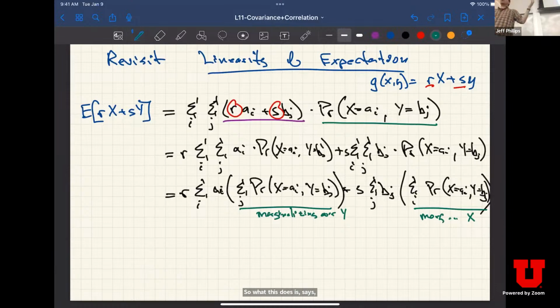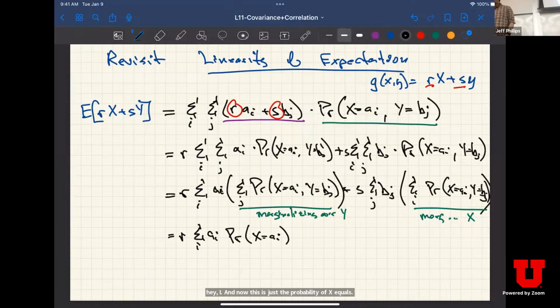It's summing up over all values it can take. So I can get rid of the probabilistic aspect of Y, right? So AI, and now this is just the probability of X equals AI. It didn't matter, I marginalized over Y. I do the same thing over here: S times the sum over J, BJ, and then this is just the probability of Y equals BJ.